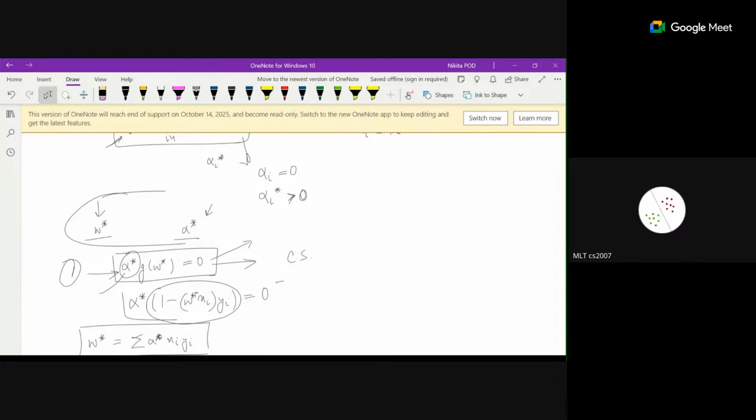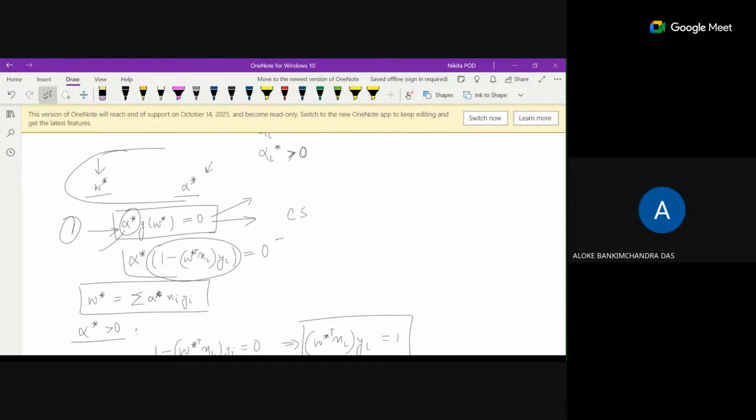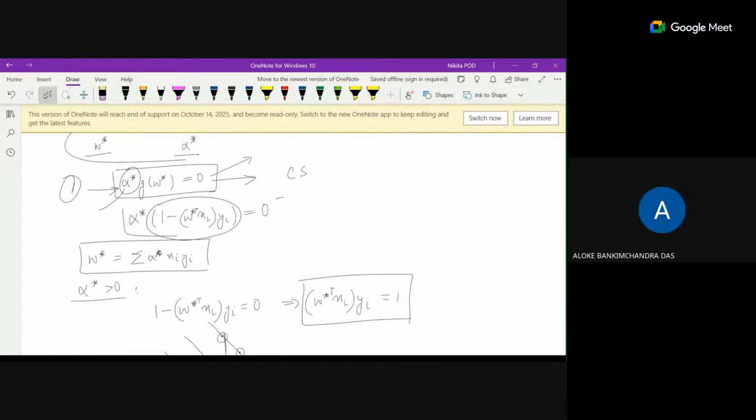So if the data set is linearly separable, we'll use hard margin, and if it is not linearly separable, soft margin can be used.